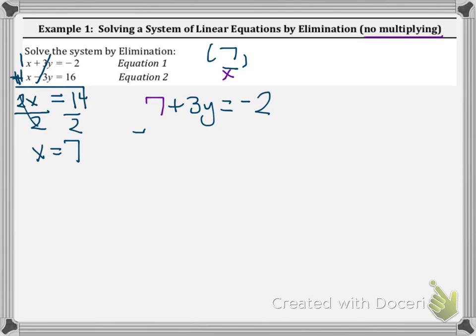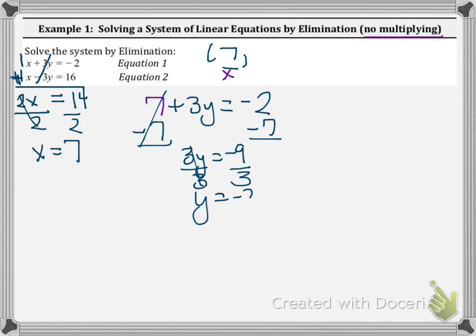So we subtract 7 from both sides in order to isolate the y. We get 3y equals -9. Then solving for y, we divide by 3. So y equals -3. So our solution is 7, -3. Now remember, if we try to graph this equation, we would find that that's where they would intersect.